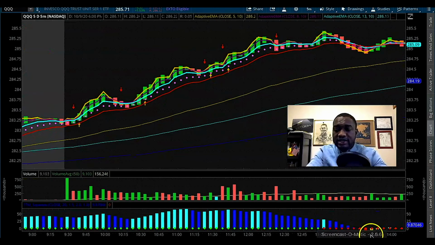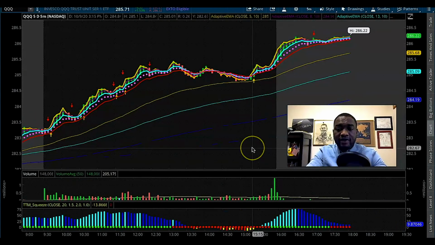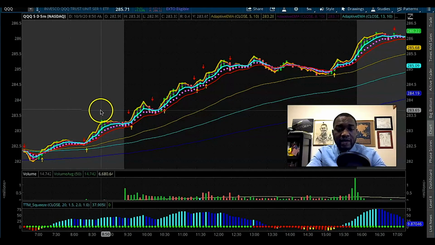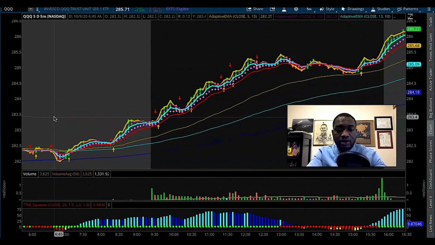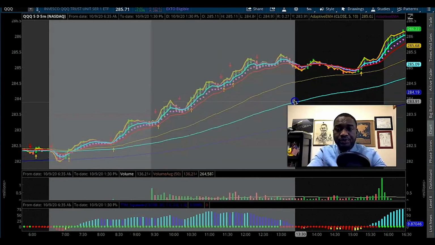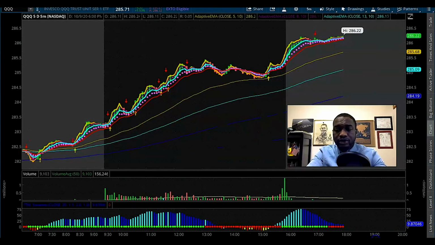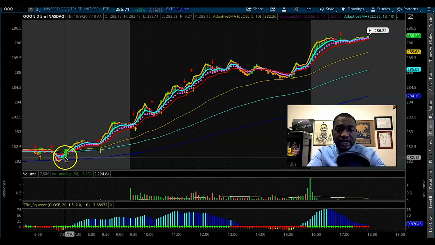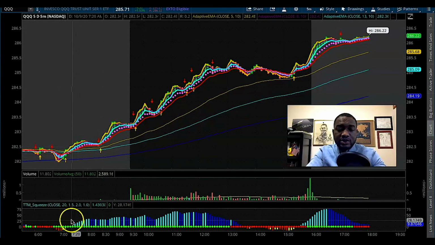Hopefully one of these days I can do a live video of how this works while the market is open. That would be a good one to capture. But yeah, if you took a trade here, this TT squeeze would keep you in the trade for a long time.